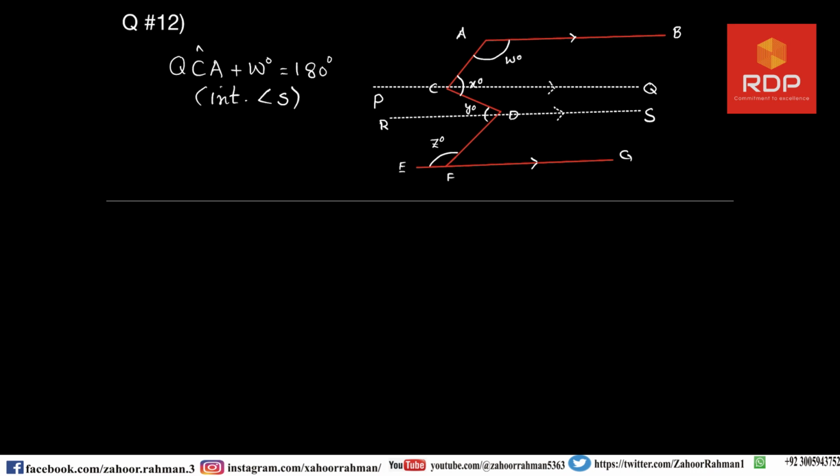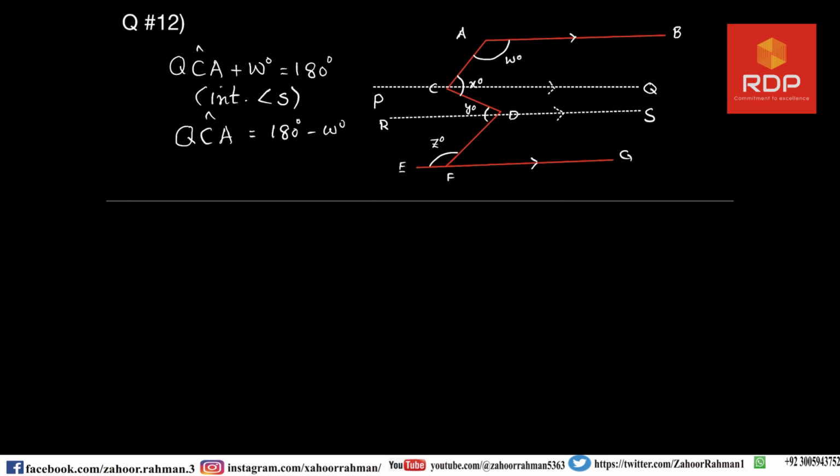Okay, ladies and gentlemen, here we can find that QCA is equal to 180 degrees minus W degrees. So that was the first part. I will refer to that later on, so leave it here.